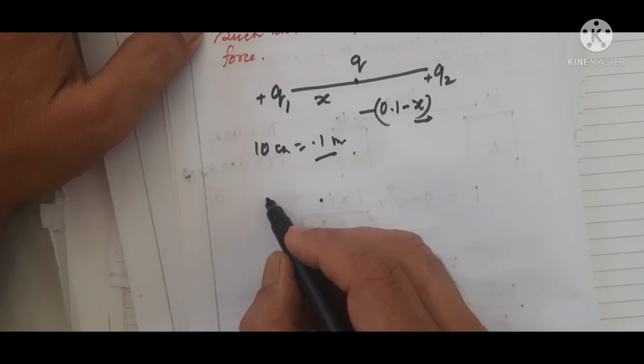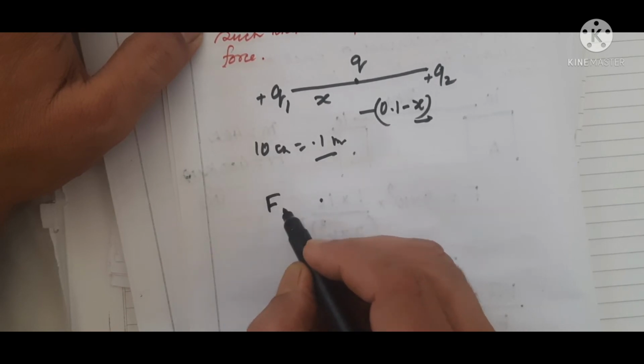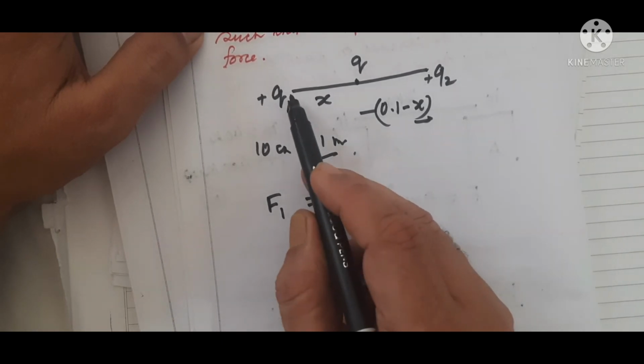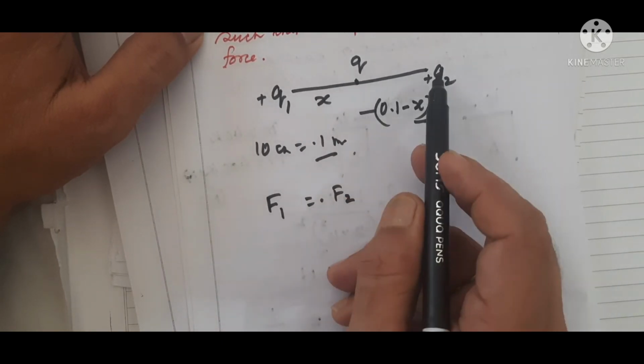So the force F1 should be equal to F2. F1 means this exerting force, F2 this exerting force.